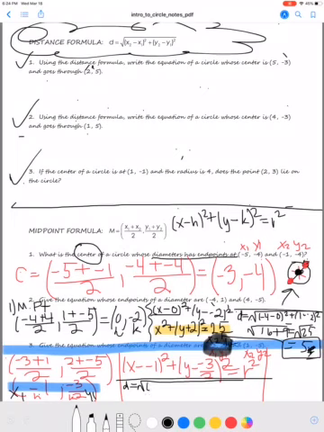Okay, so parentheses, x2 minus x1, so negative 3 minus negative 1, squared, plus y2, 2, minus y1 is negative 3 over 2, square it.